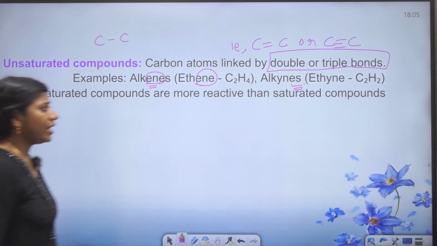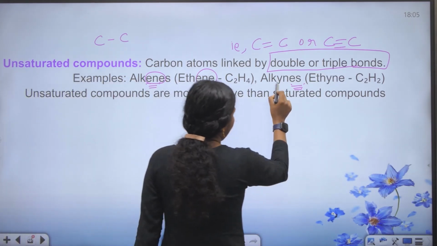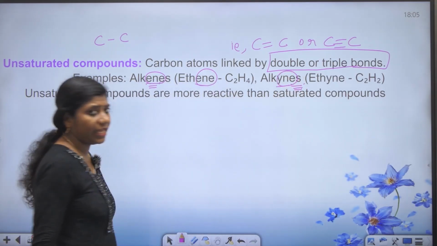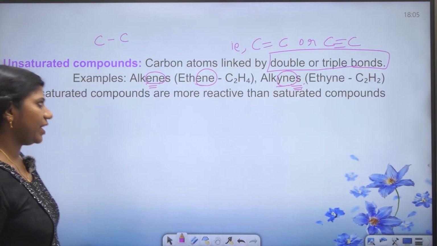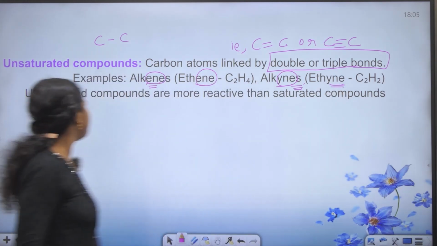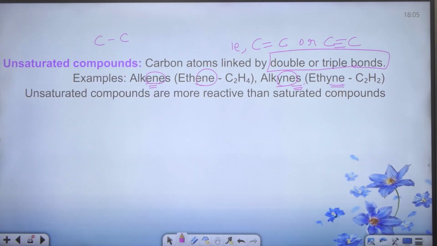And the name of an alkyne ends with yne. Ethyne ends with yne, so ethyne is an alkyne. Unsaturated compounds are more reactive compared to saturated compounds.